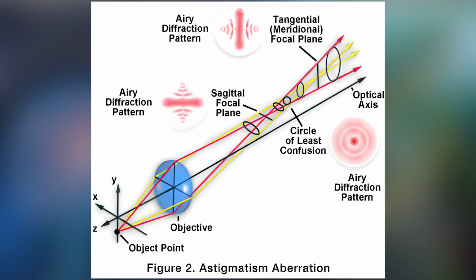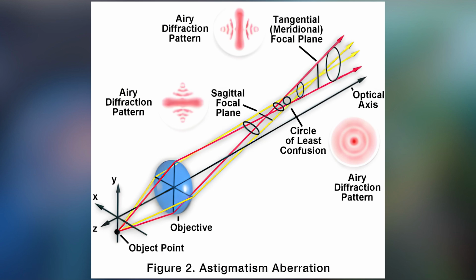But then if you try and focus the vertical bar, the horizontal bar will be out of focus. This is occurring because the vertical light focuses at a different focal length than the horizontal light does. Different planes of light have different focal lengths. And so you can't get a single sharp image. You can get sharp images for different portions of the image, but not the whole thing.